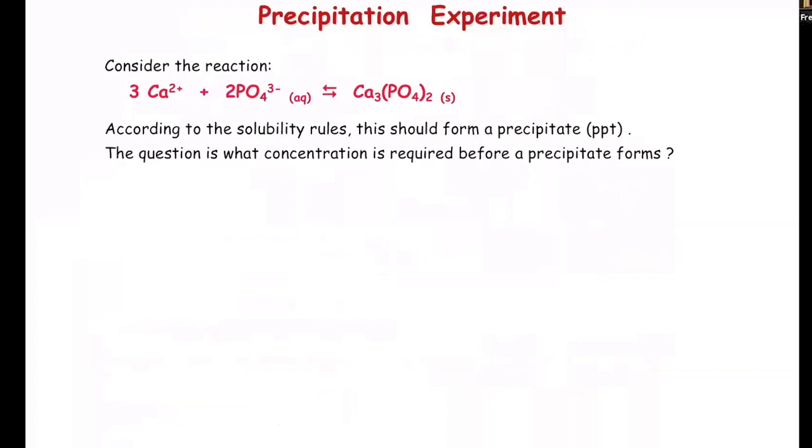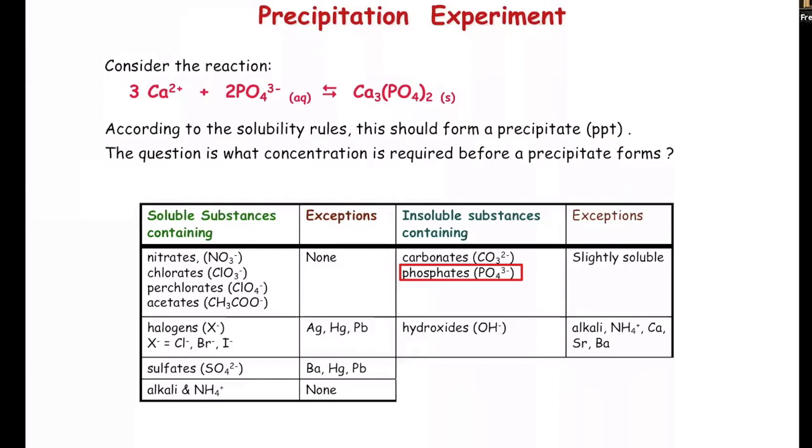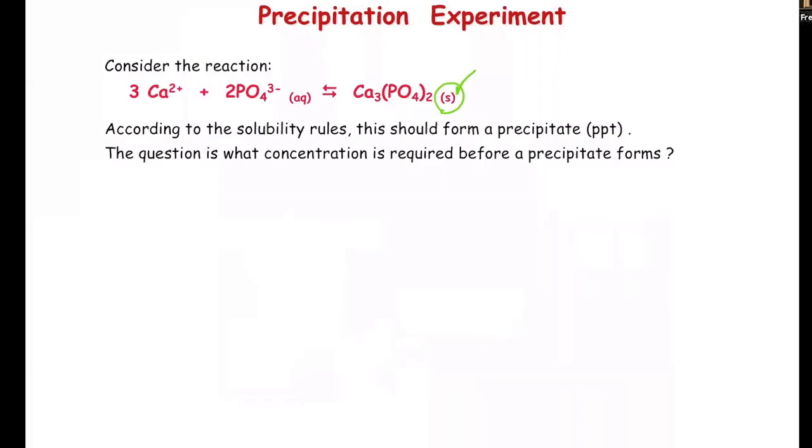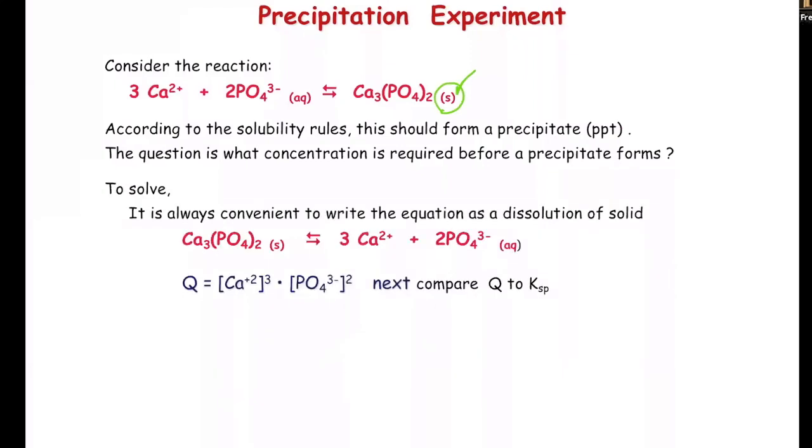So let's take a look at calcium phosphate. And again, this is a precipitation reaction where we get calcium phosphate, but we don't write it that way. The other thing you need to remember is that the phosphate is insoluble, and that's what you see here by this S. So here's how we would write that reaction again as a dissolution, meaning it's going to dissolve.